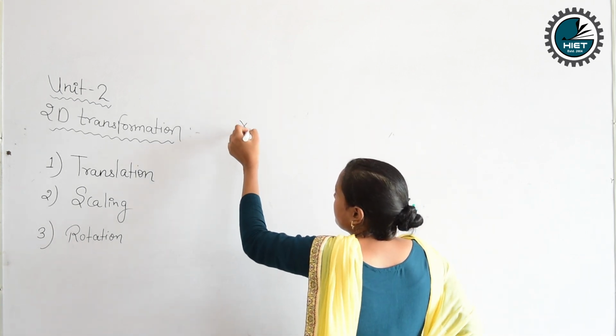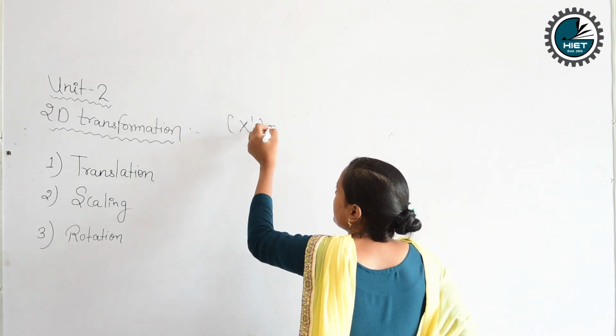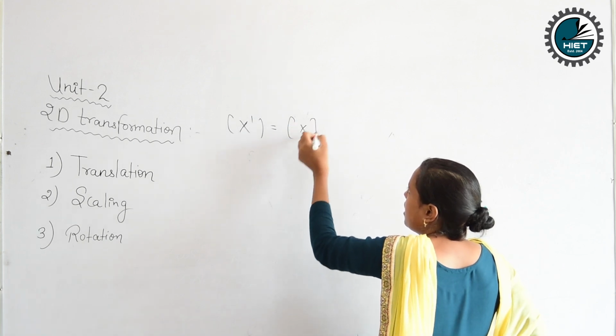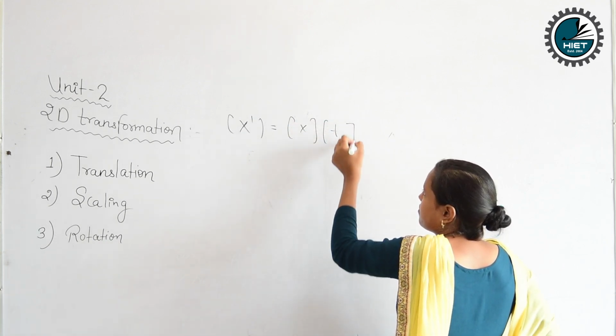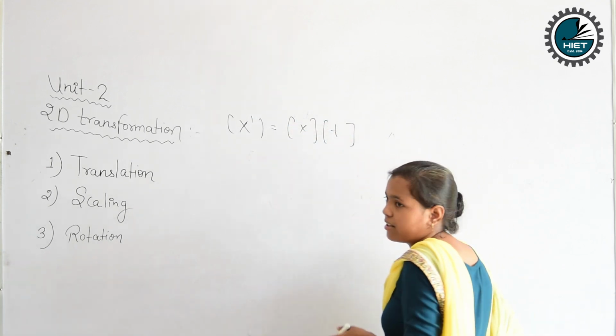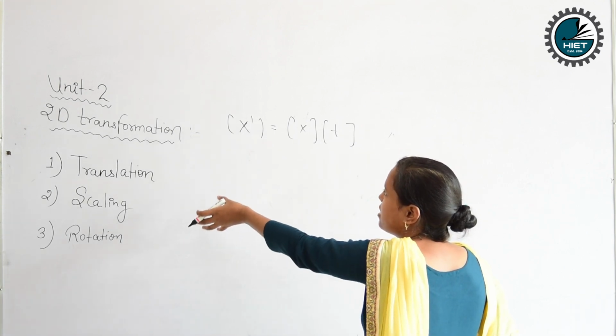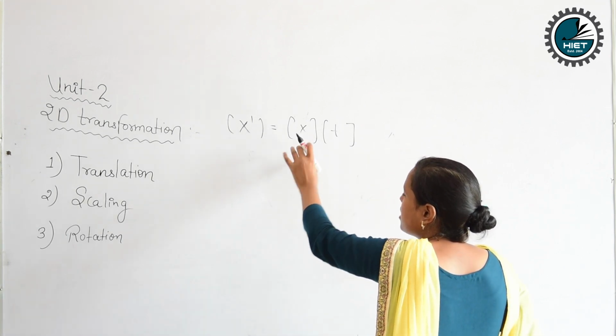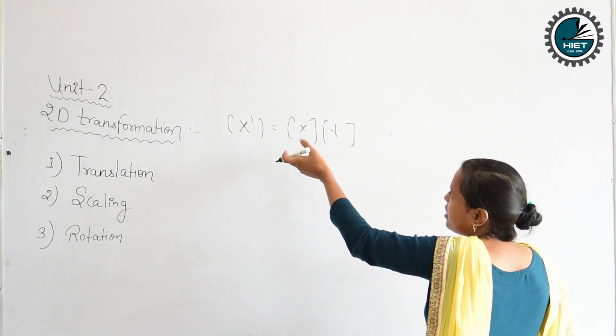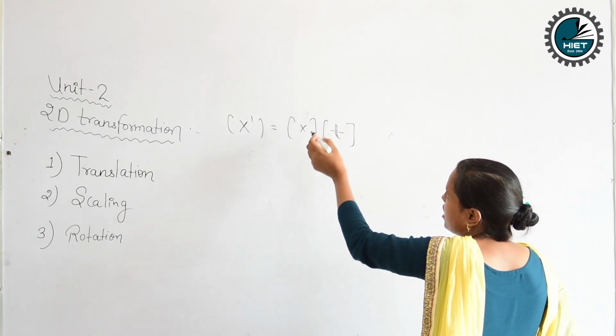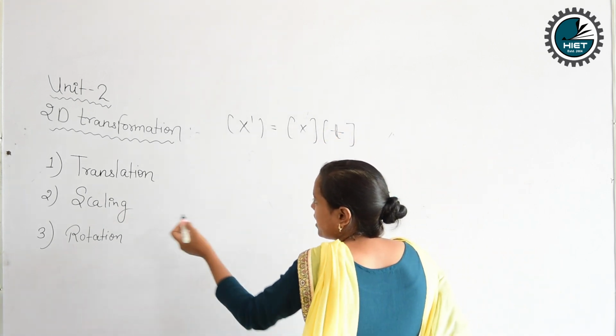What is the generalized form of the matrix? X dash equals X and T, where X dash is the transformed matrix and T is the transformation we have to apply.